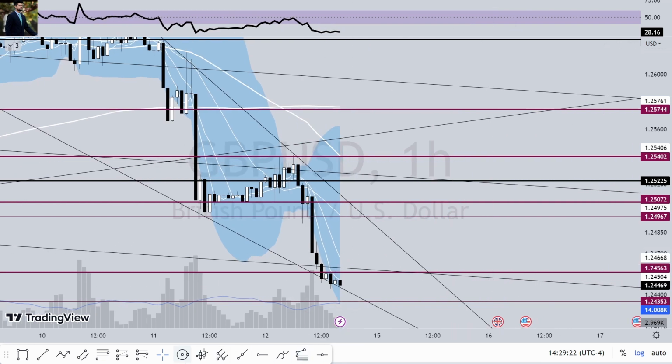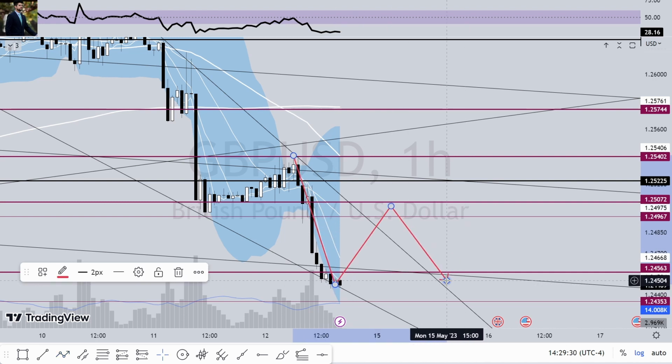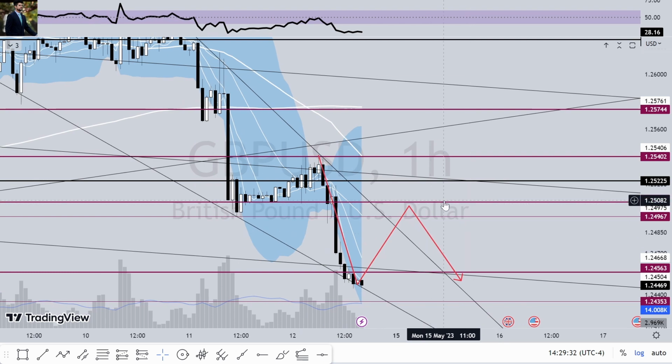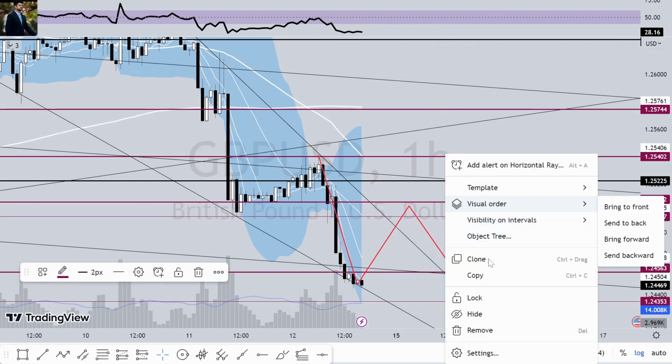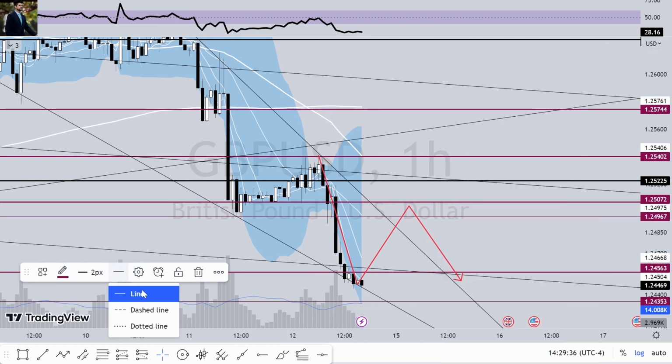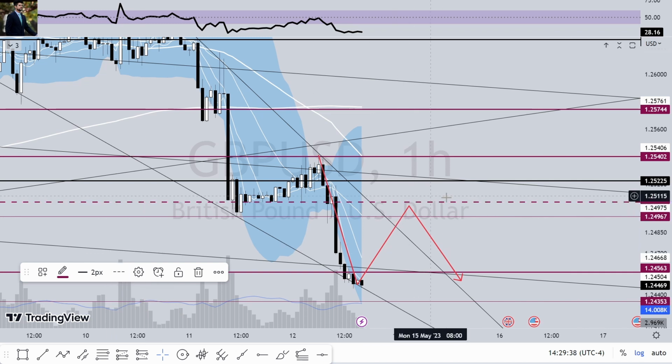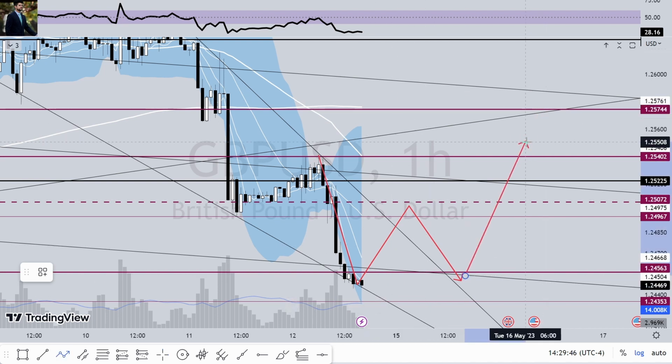Let's try to be quick in this video, just to make it shorter. The price could do this. Once this level is tested, mark it as a dashed line so that you can understand that it's a tested level. And once the level is tested, it will break the second time here.